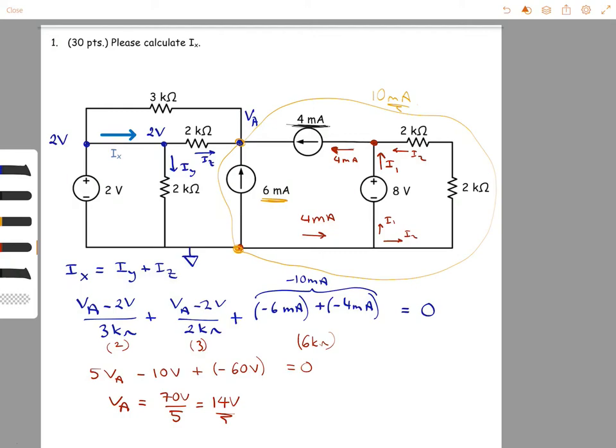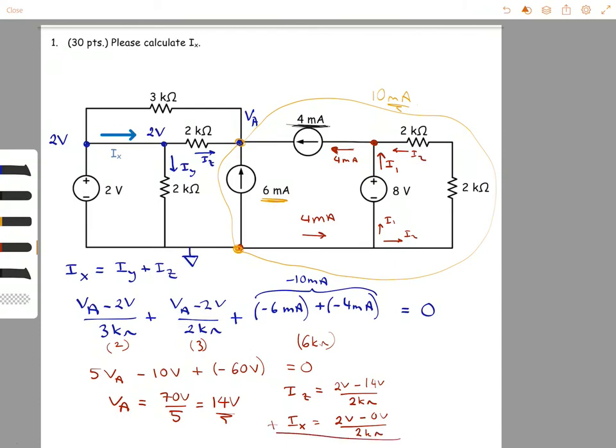If we know what VA is, then we can calculate IZ. IZ equals 2 volts minus 14 volts divided by 2 kilo ohms. And we also have IY, which is 2 volts minus 0 volts divided by 2 kilo ohms.